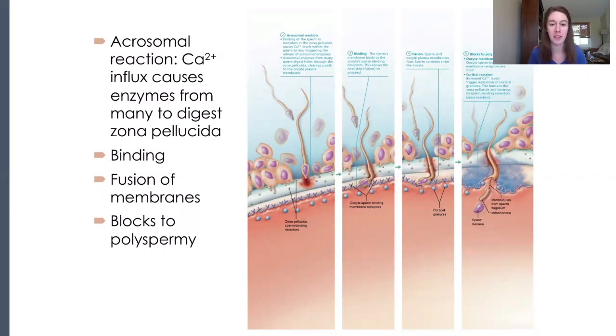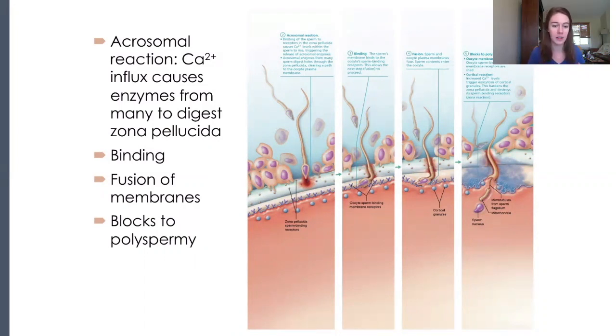Once they bind to the zona pellucida, there are these binding sites, those little yellow dots. There is going to be an influx of calcium into the sperm. That is going to cause the release of those acrosomal enzymes. Remember, this only happens if capacitation has occurred and that acrosomal cap is thin enough for that to happen.